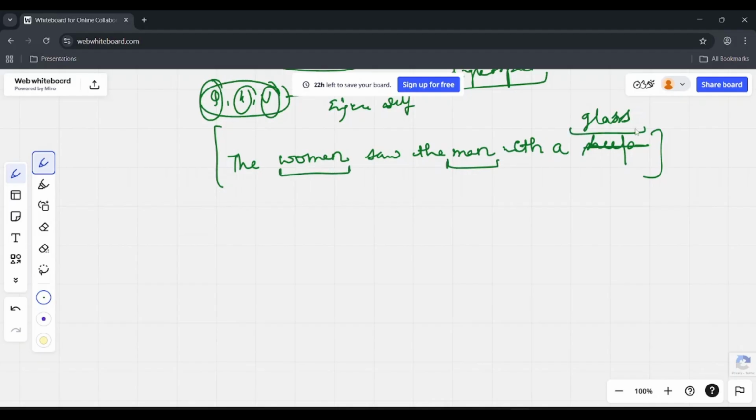Now there are two meanings in this sentence. The first one is that this woman saw the man through a glass. Another meaning can be that this woman saw the man with the glass, meaning the man was carrying that glass and the woman saw him. So these are the two meanings that this sentence carries.